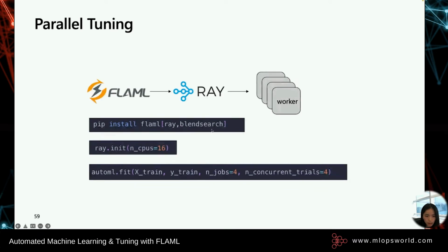Here, blend search is one of our hyperparameter optimization algorithms. It is recommended to use in this parallel tuning scenario. So we need to install blend search related dependencies. And then we can just initialize a Ray instance and Ray backend, and then set the number of concurrent trials accordingly.